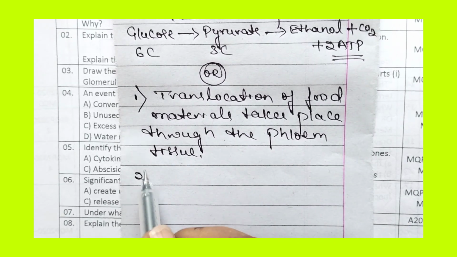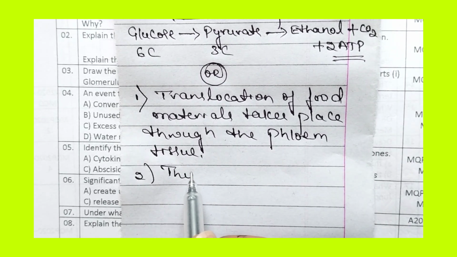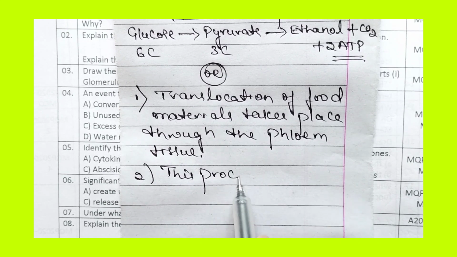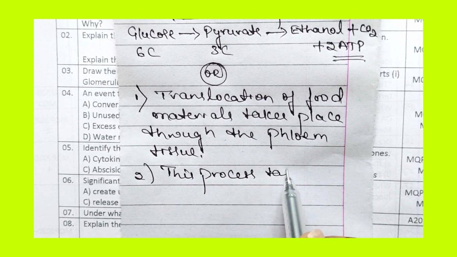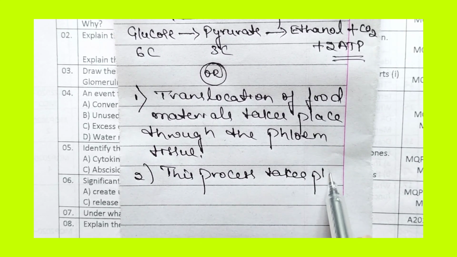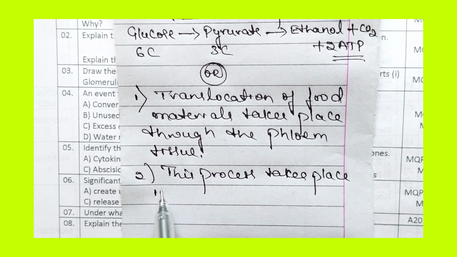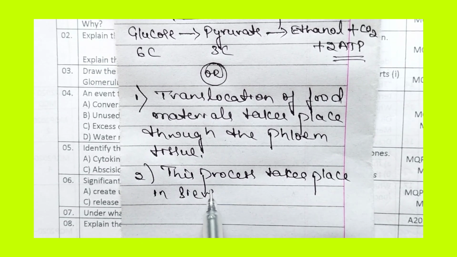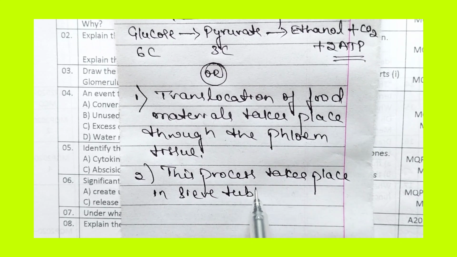Then the second point is that this process takes place in sieve tube present in phloem.